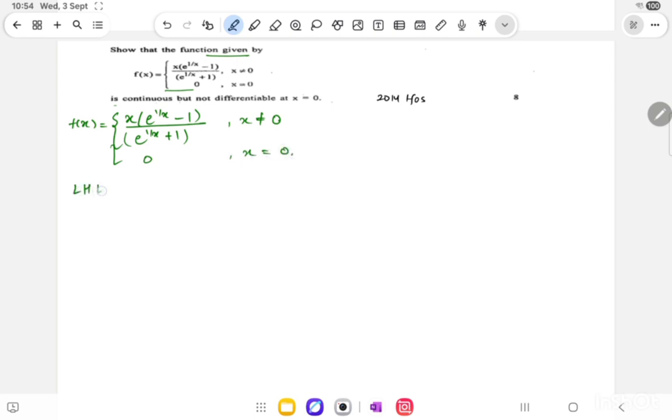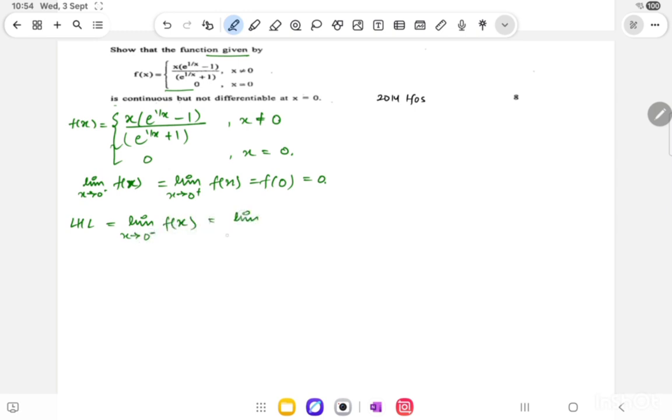So to prove continuity, I am supposed to show that the limit as x approaches 0 negative of f x is equal to the limit as x approaches 0 positive of f x is equal to f of 0, and that is 0.